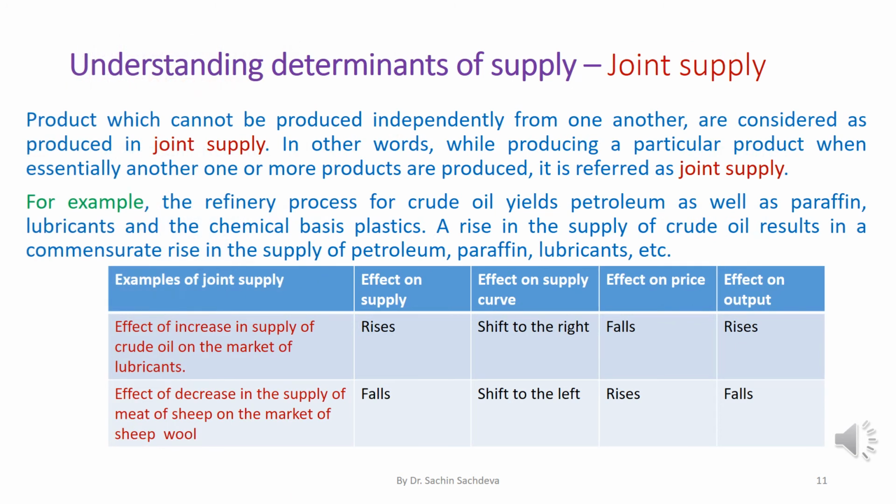One last determinant of supply we will cover in this presentation. You remember, joint supply I did not discuss with you earlier. Joint supply means when we produce a particular product, it is not possible that that product can be produced independently.